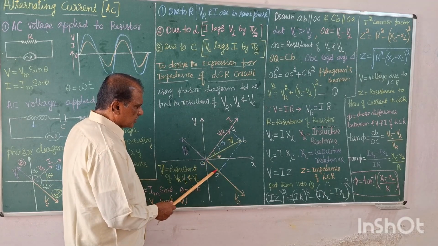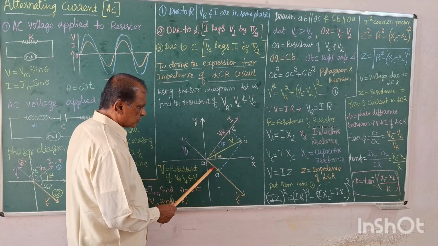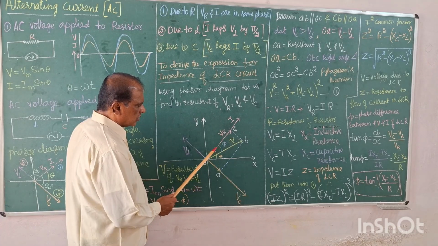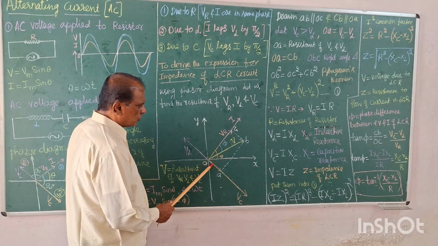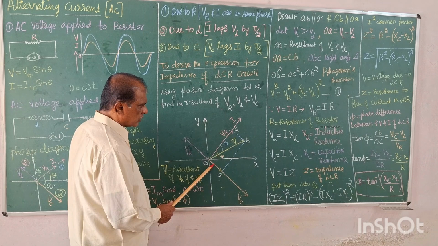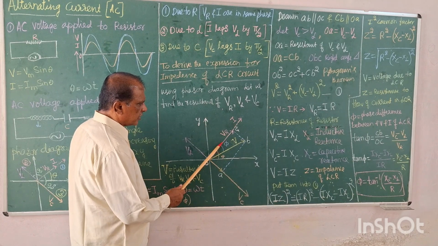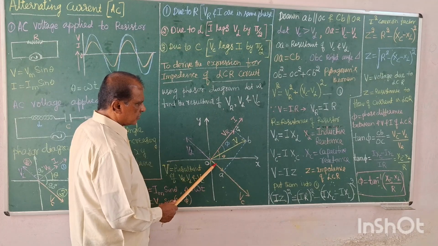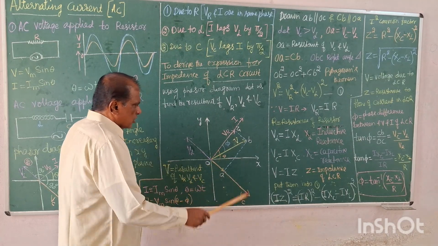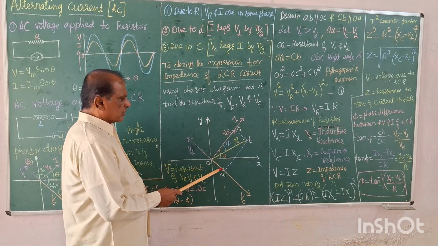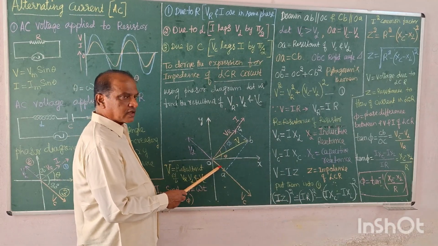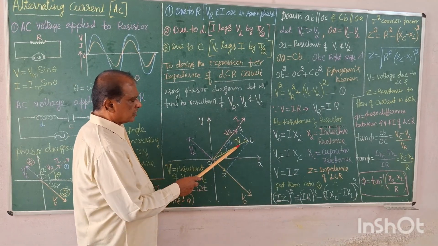This OA is the resultant of these two vectors. And finally we have these two vectors. Then we can find the resultant of these two vectors, with the angle difference here, by using the law of parallelogram or rectangle.